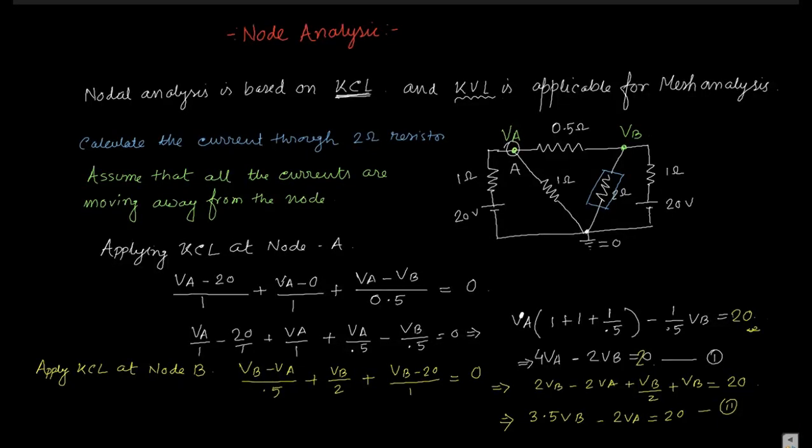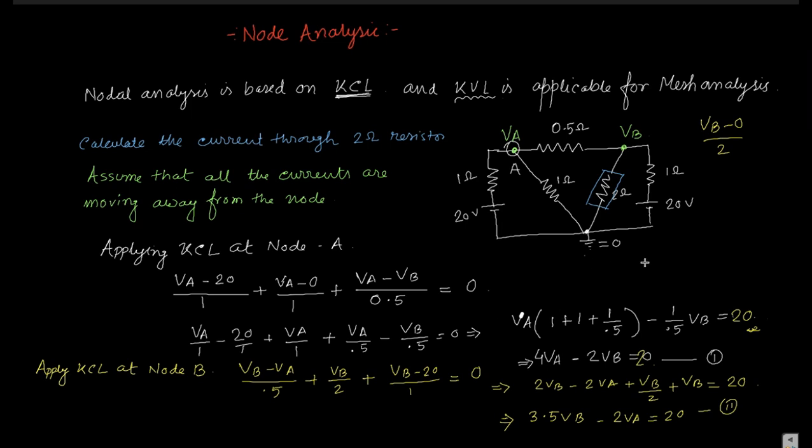No need to calculate VA because we have to find the current through the 2 ohm resistance. The current through the 2 ohm resistance should be VB minus 0 by 2. The potential difference between these two points divided by the resistance between them is nothing but the current flowing through that branch. So what is the value of VB? Please calculate. Anybody? Sir, 12.